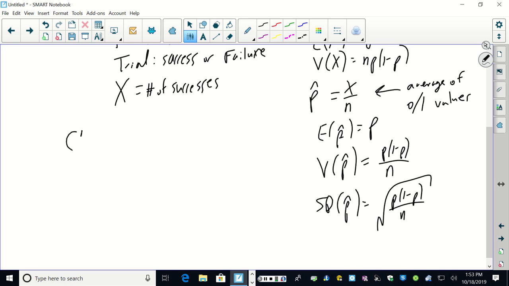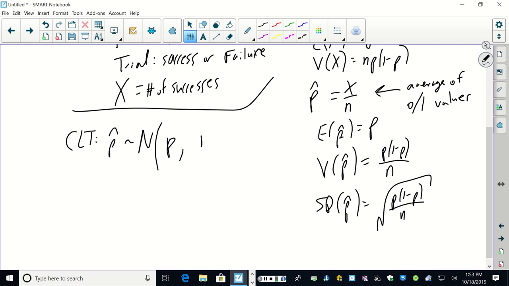So p hat is approximately normally distributed, centered at p, and its variance is p times 1 minus p over n, whatever p really is. And this works if n times p is greater than 10, and n times 1 minus p is greater than 10.